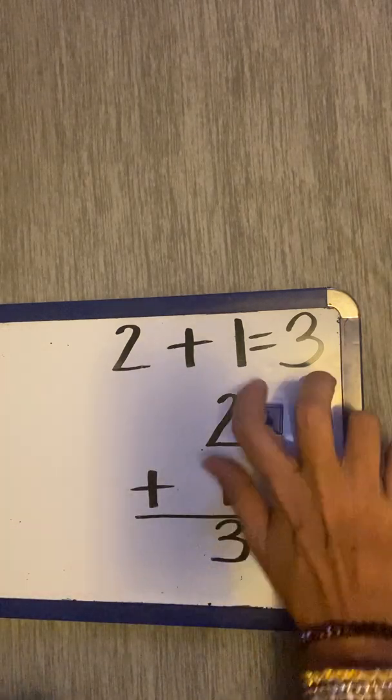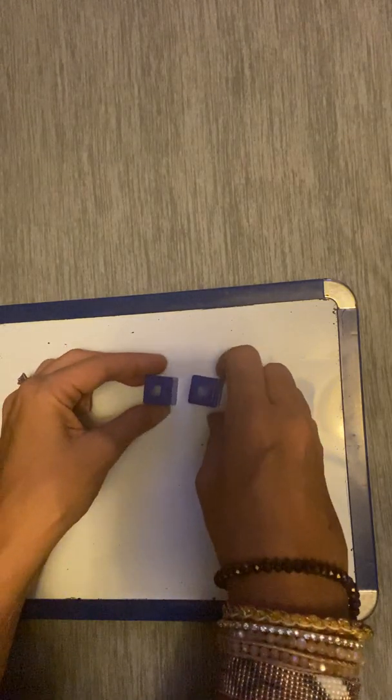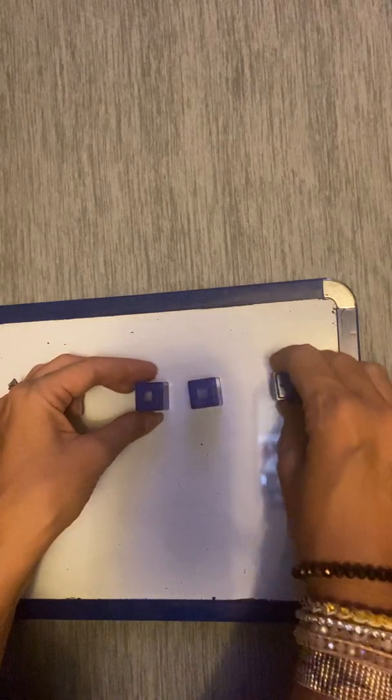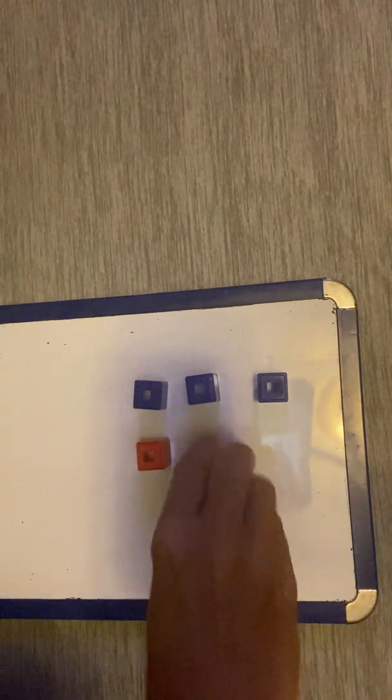Okay, so let's erase this, and I'm going to put out 6 cubes. Okay. 1, 2, 3. Okay. And 4, 5, 6.